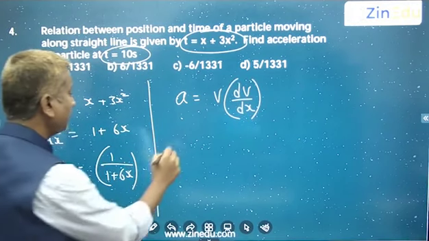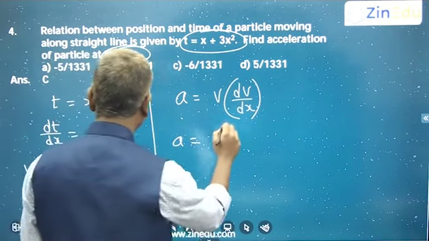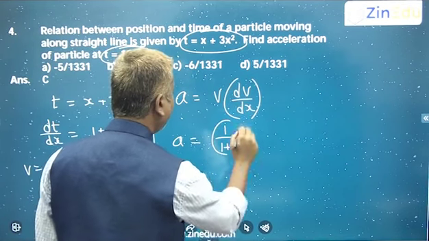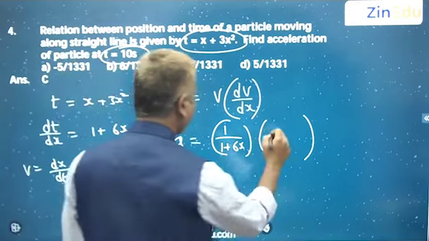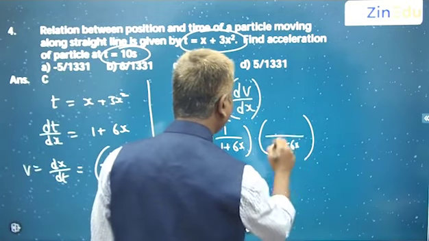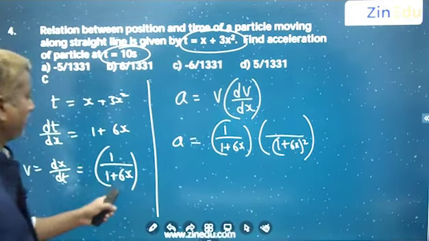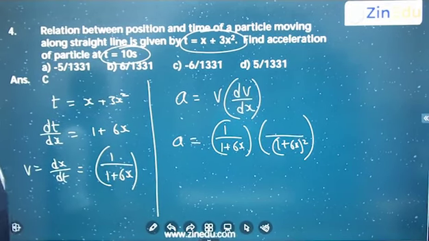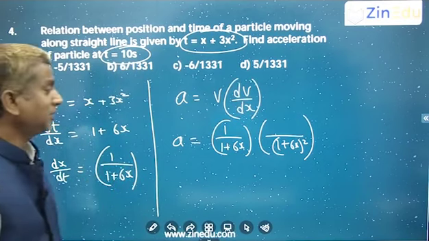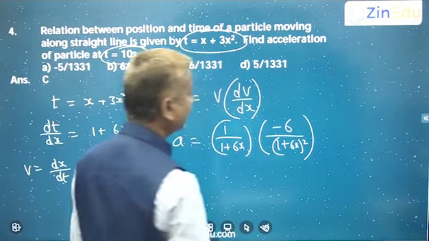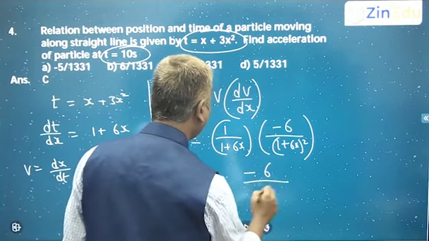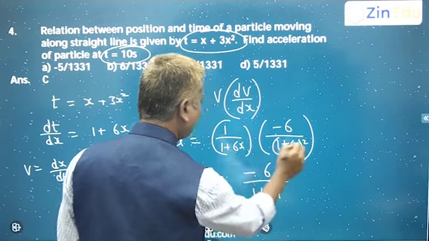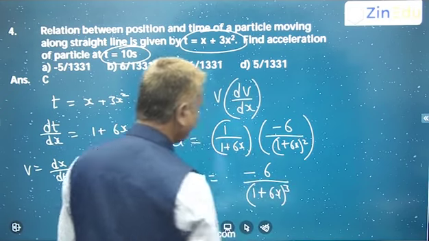Here v is 1 by 1 plus 6x, and dv by dx can be written as minus 1 by (1 plus 6x) whole square, into the differentiation of 1 plus 6x, which is 6. So your acceleration is minus 6 by (1 plus 6x) whole cube. This is the acceleration.